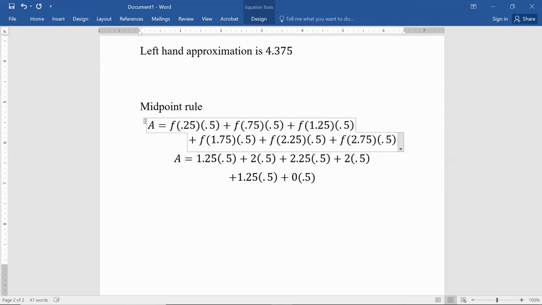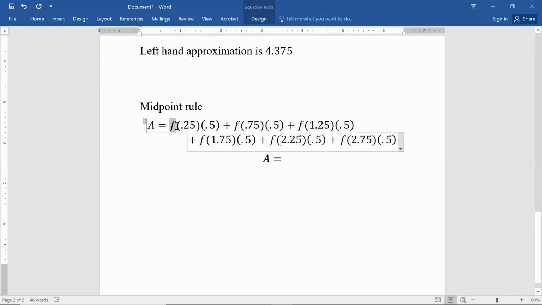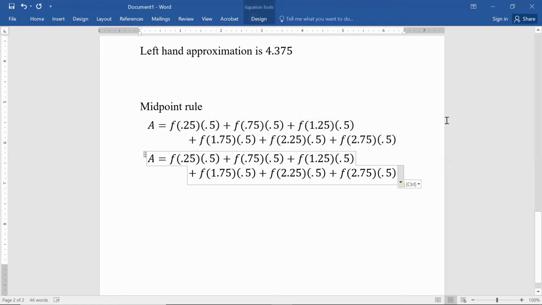Those are my 6 heights there. This takes a little bit more calculation. We haven't calculated f of 0.25 or f of 0.75 yet, but you can plug it into your calculator into the 3x minus x squared. I'm going to go ahead and do that.